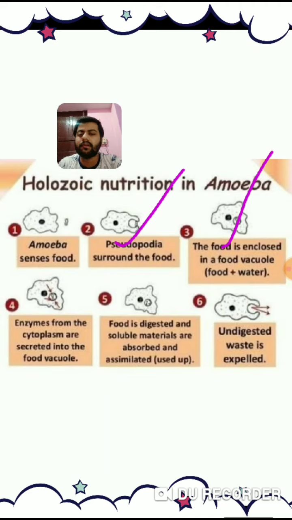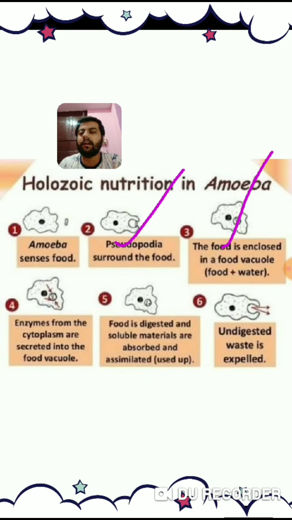That simple soluble material is absorbed, that means diffused, in the cytoplasm. After diffusion of that soluble food in the cytoplasm, the vacuole disappears.